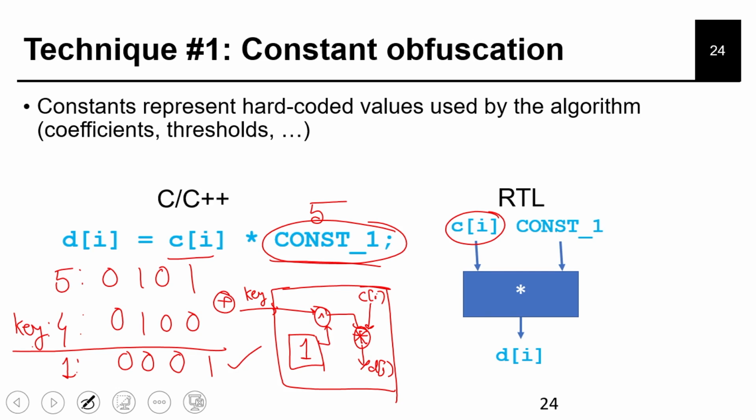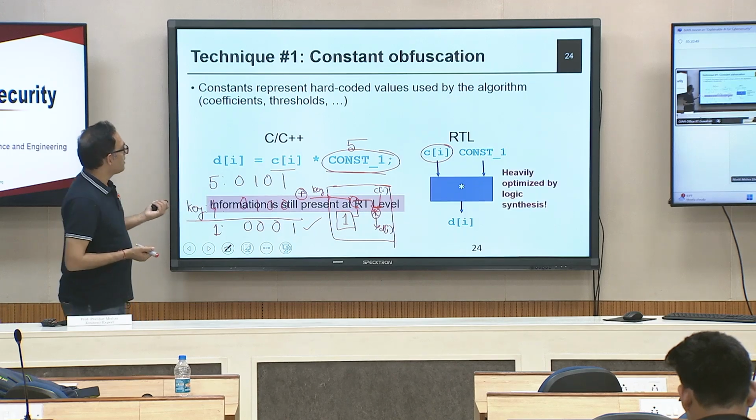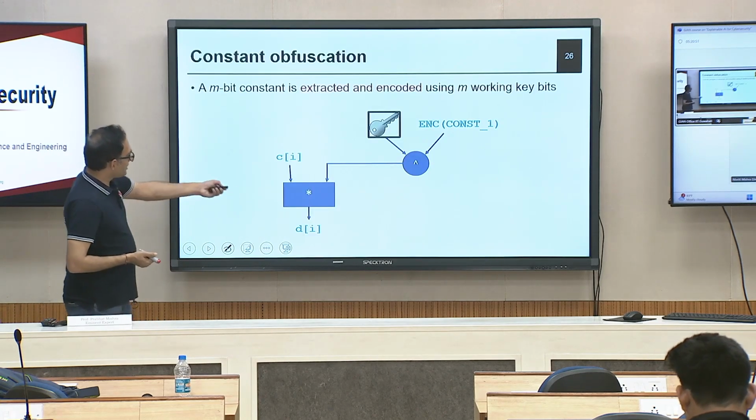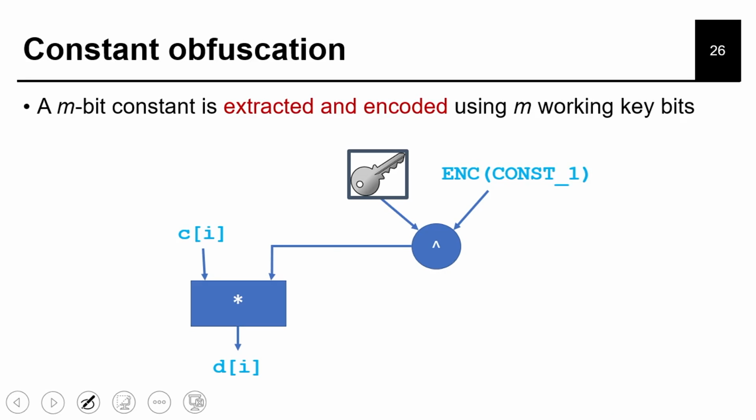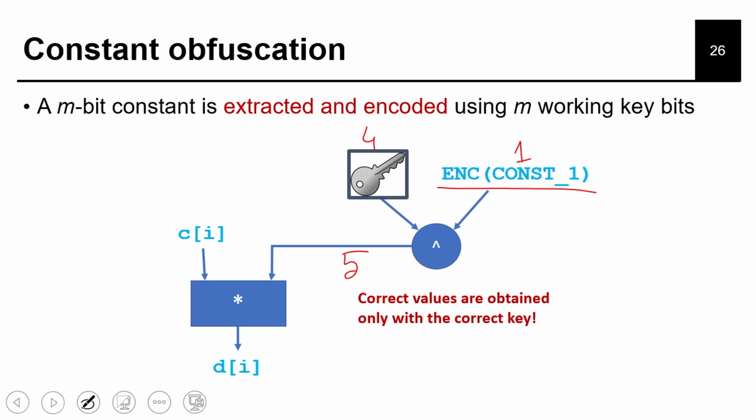This is exactly how I can hide a constant, and this is exactly what I have done in that particular example. Understood? Any question? This is exactly what I am talking about. You have this encoded constant, this is my key 4, then I will get 5, and I am going to use it, right. Make sense?